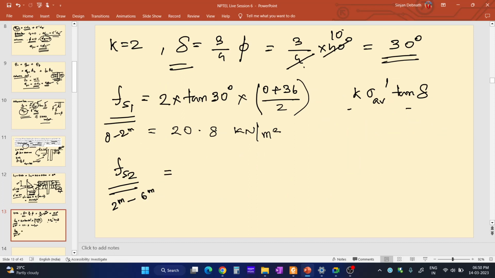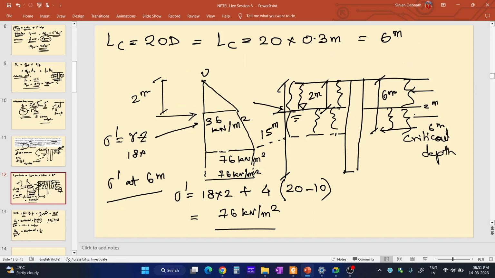It will be 2 into tan 30 degree, that is K into tan delta, which is constant, into the effective average overburden pressure. At this point, what is the overburden pressure? It is 36. And at this point? It is 76.